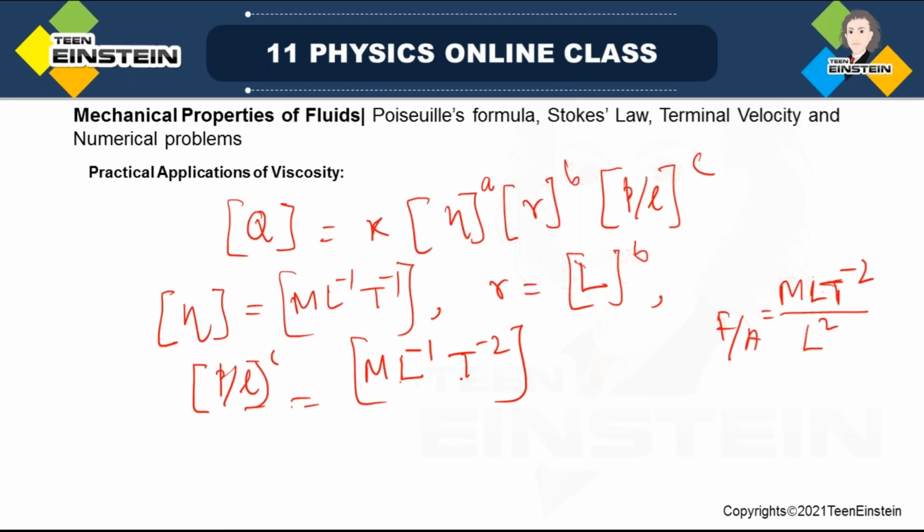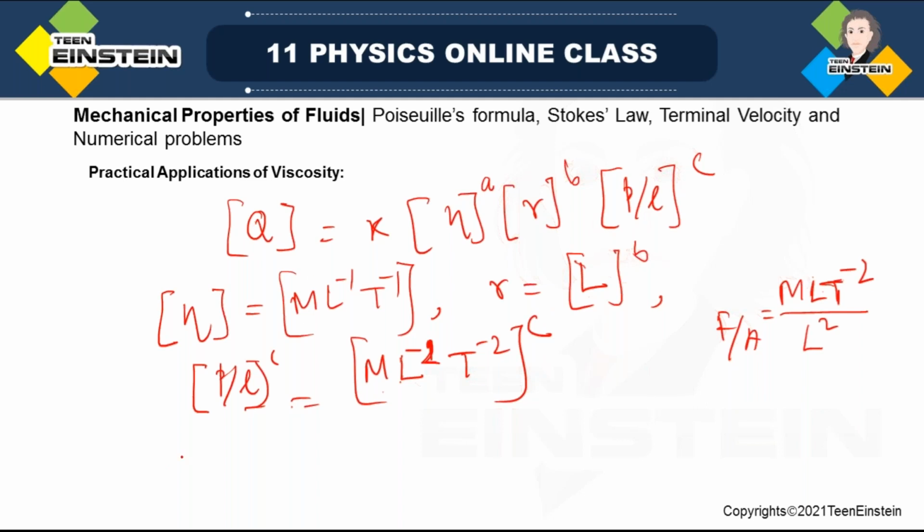This is the pressure. Obviously there is another L in the denominator for the pressure gradient, so this will be M L to the power minus 2 T to the power minus 2, and here whole to the power C.